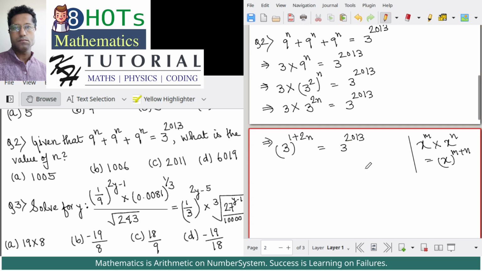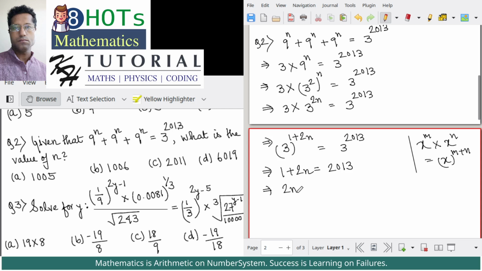So now we have an equation where both LHS and RHS are in the exponential form, and the bases are the same, that is 3. So we can now equate the powers, and we have 1 plus 2n is equal to 2013, which is a linear equation in n, and we can easily solve it.